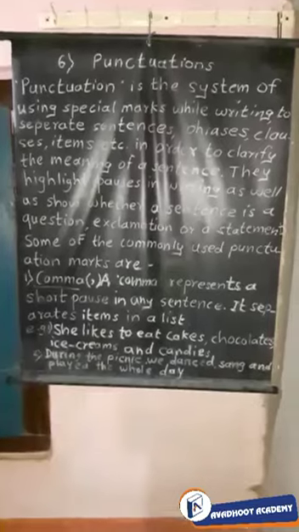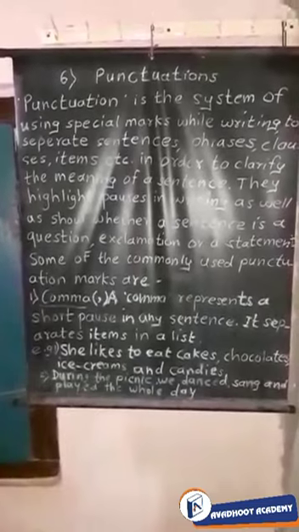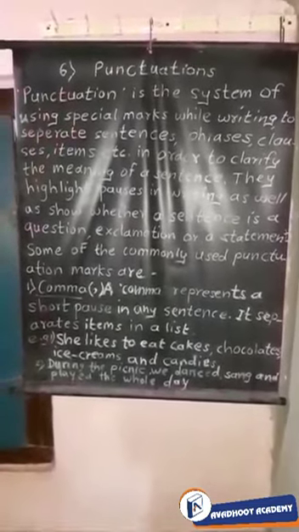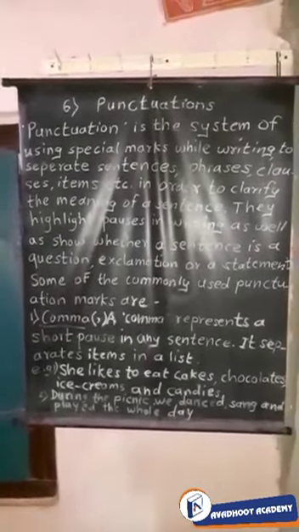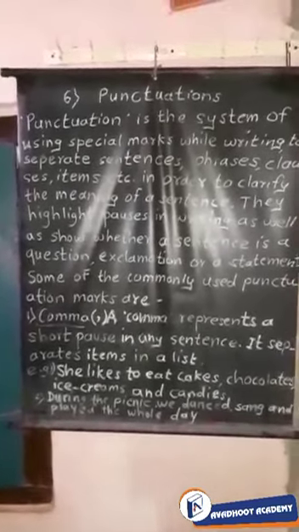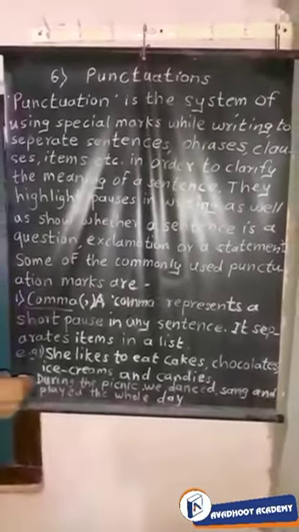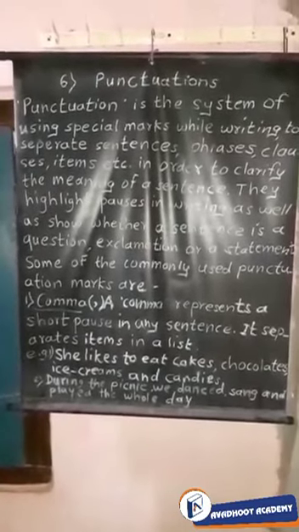Thank you. Today's topic is punctuation. We call them punctuation marks, and they are very important to make sentences. Without punctuation marks we can't make a complete sentence. You know that there are four types of sentences. The first is assertive, the second is exclamatory, the third is imperative, and the fourth is interrogative.